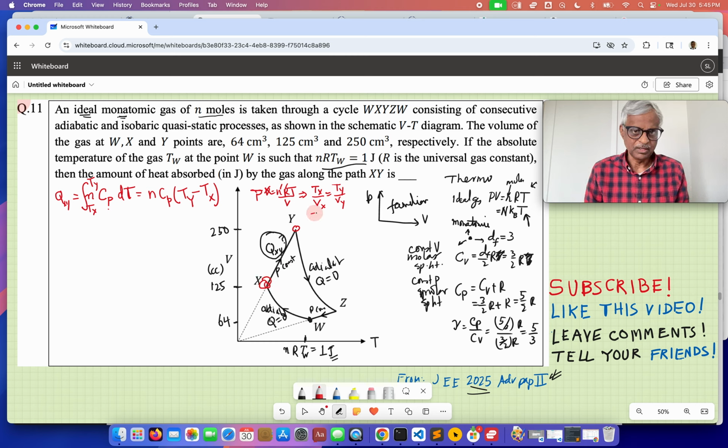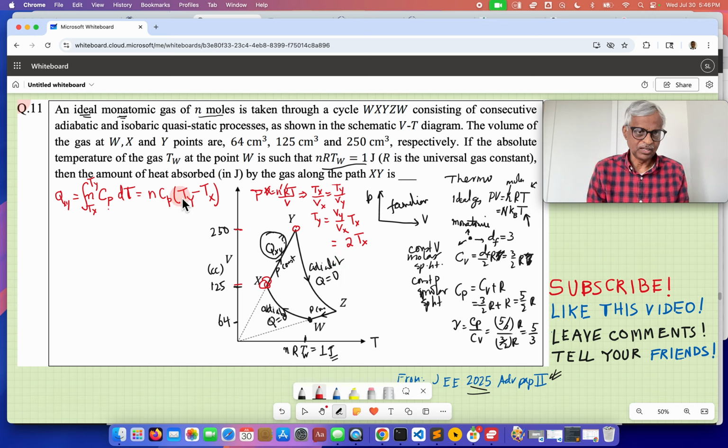So Ty will just be Vy over Vx times Tx, and that's 250 over 125. I don't need to change units, same units cancel out, so 2 times Tx.